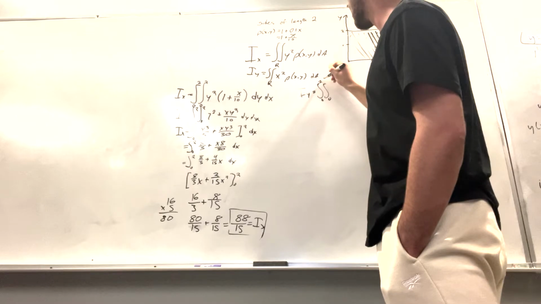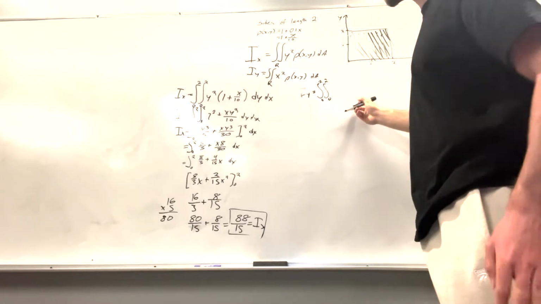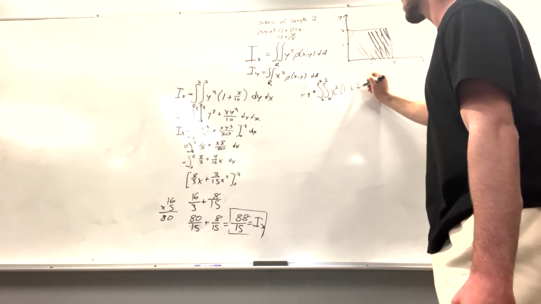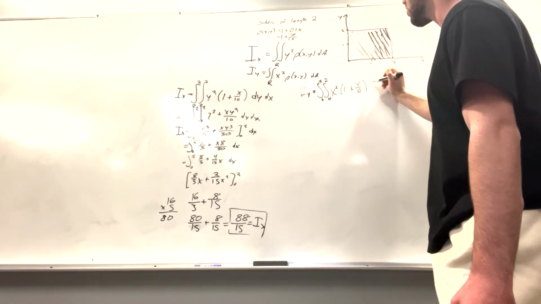Same bounds, 0 to 2, 0 to 2, it doesn't matter. This is just solving it twice basically, but with x instead. 1 plus x over 10. I'm going to do dy dx.